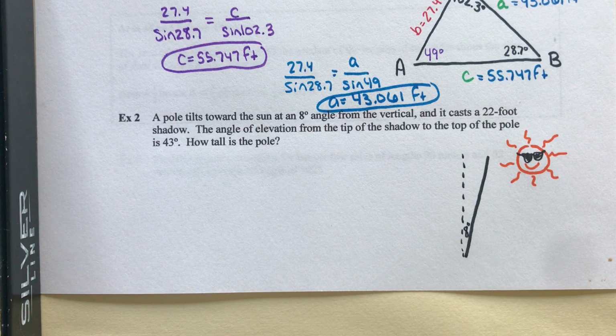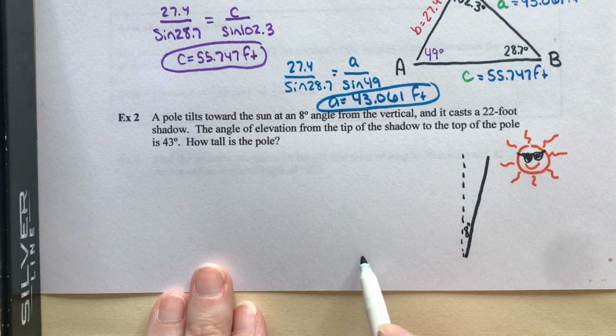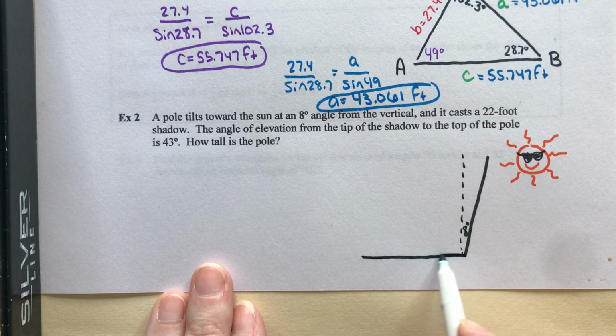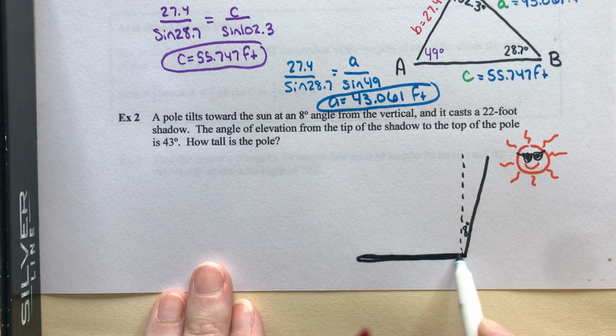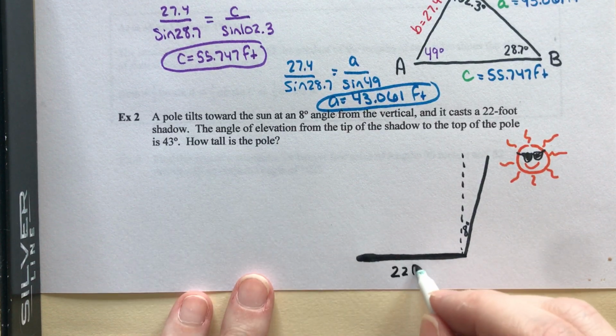And it casts a 22-foot shadow. So if we know anything about shadows, the shadow would be behind us if the sun is in front of us. So here's my shadow over here, and this is 22 feet.